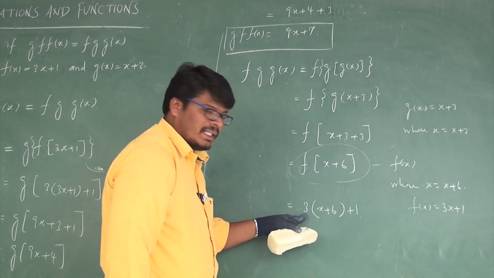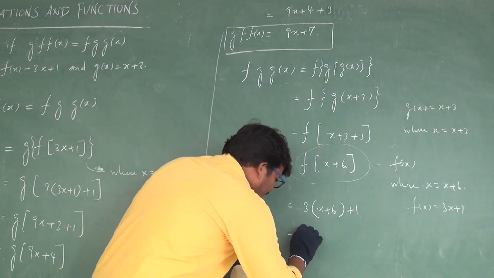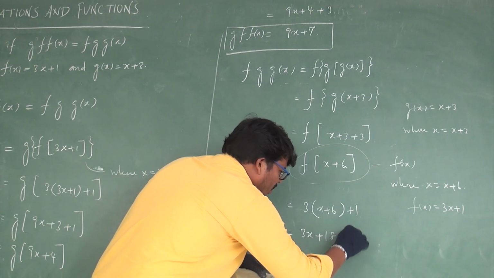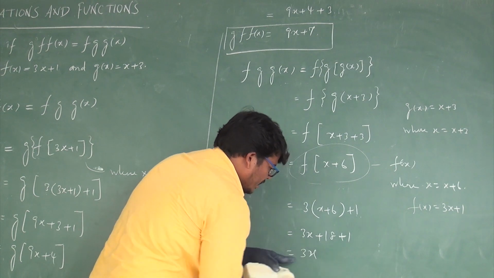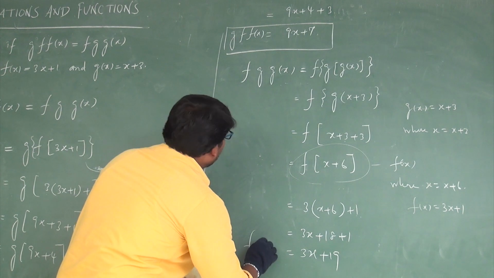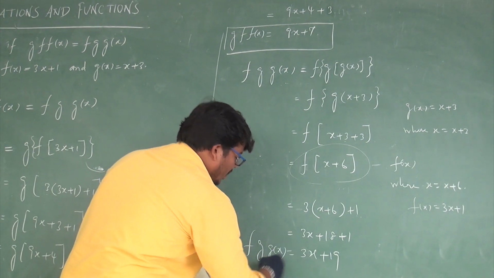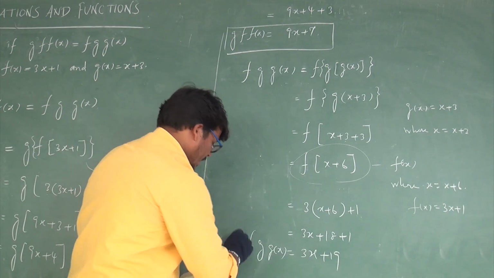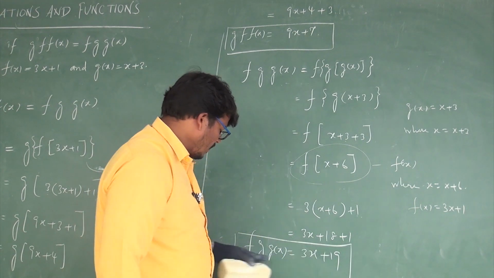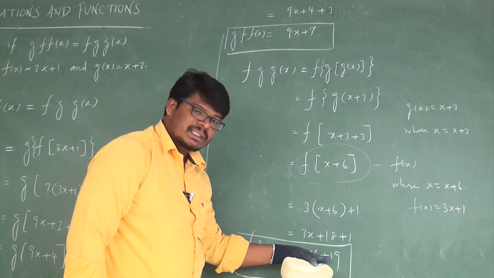Now multiply by 3: 3 into x is 3x, 6 threes are 18, plus 1. That is equal to 3x plus 19. So f of g of x equals 3x plus 19.